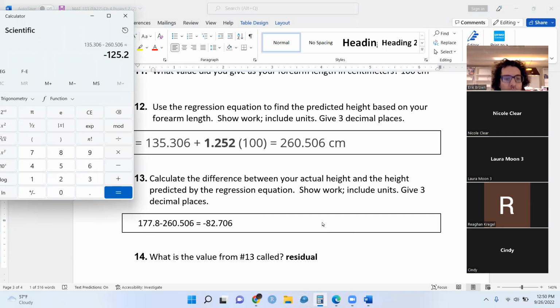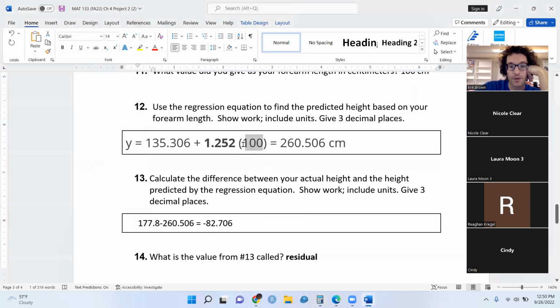Yeah, negative 125.2. Okay. So if that 135 centimeters is your actual height, your forearm is probably not 100 centimeters long. It's probably a bit shorter. Just like for me, my forearm is probably a bit shorter.